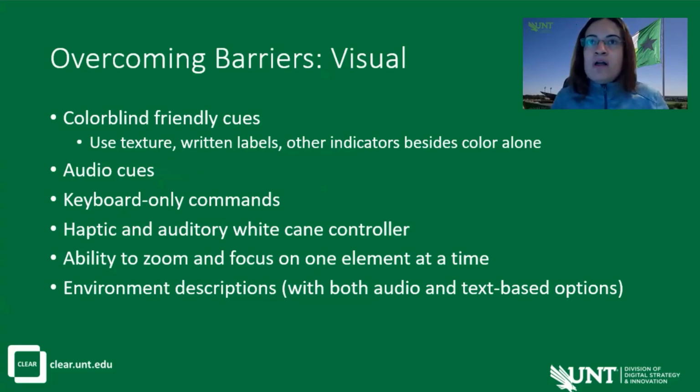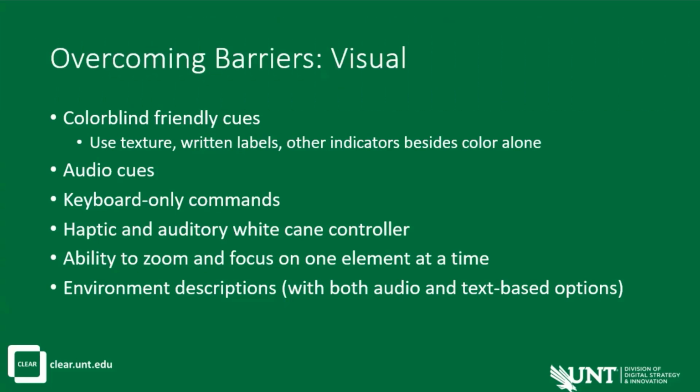I think it was a war setting where the friends, the people on your side, were labeled in green, and the enemies were labeled in red. And I thought, oh, that's a really interesting example. And red-green colorblindness is probably the most common form of color blindness. So being able to use not just color, which is fine too, but maybe add to that text or written labels, friend or foe, or other indicators besides color alone.